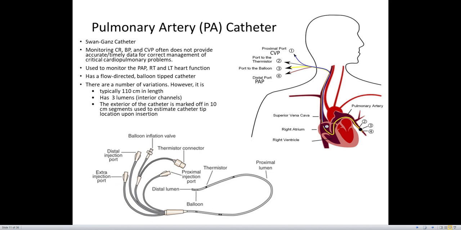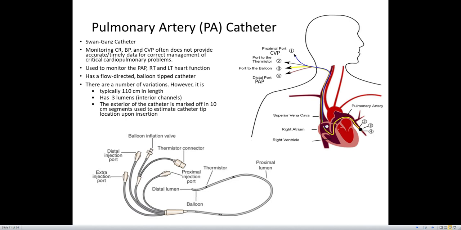Okay, so this has the same picture because a pulmonary artery catheter or a Swan-Ganz catheter will also have a CVP port. So if we look at that figure to the right, port number 1 is what we call the proximal port. We'll talk more about that later, but it also plays a role as the CVP port.